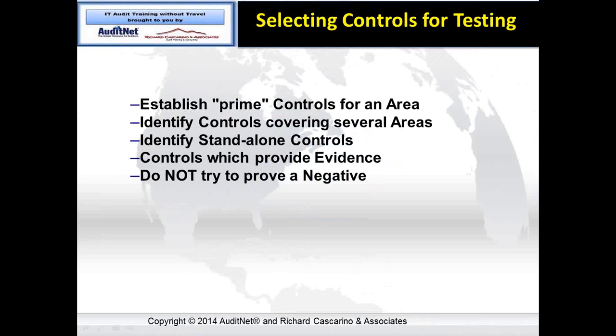Or does it mean there's no evidence? Or does it mean that you're looking in the wrong place? You'll see on the slide it says, do not try to prove a negative. What you don't want to do is try to prove nothing went wrong. Okay? You're trying to establish if something went wrong, would evidence be left behind? If so, where? Let me go and look there.